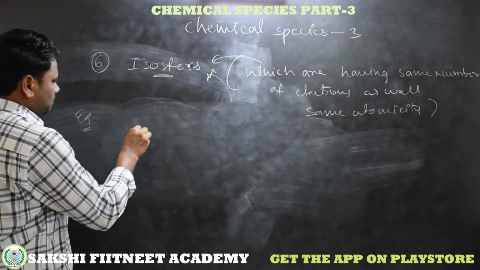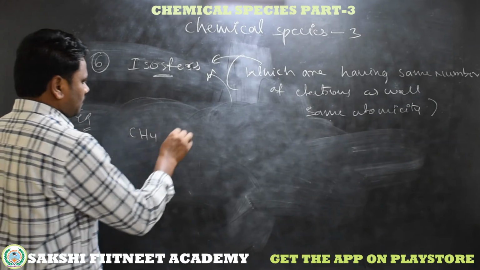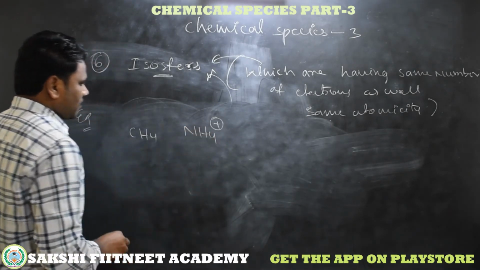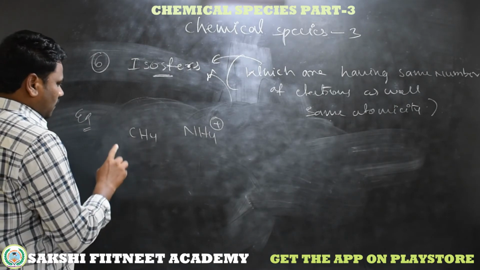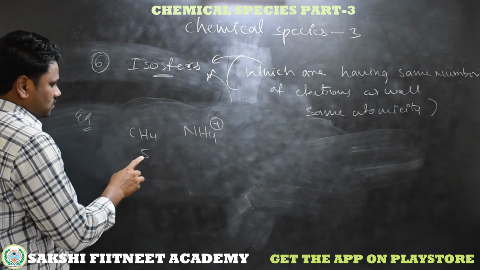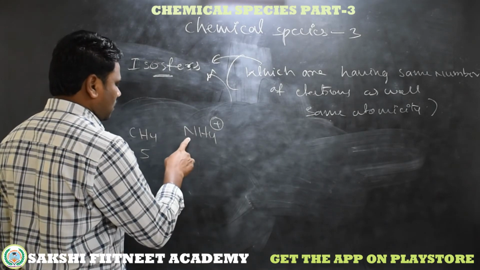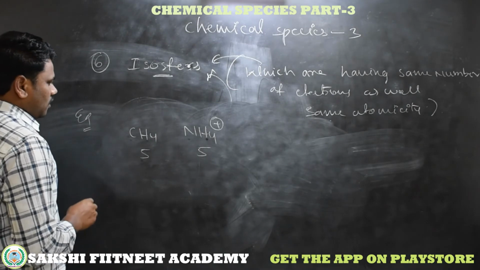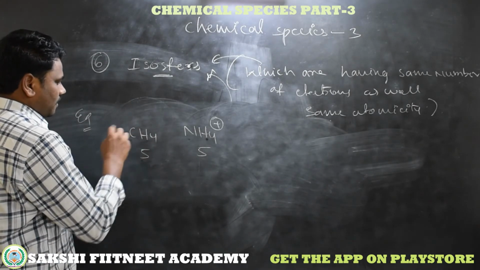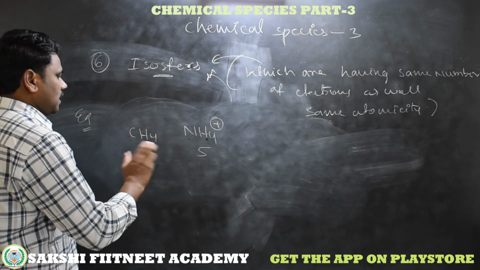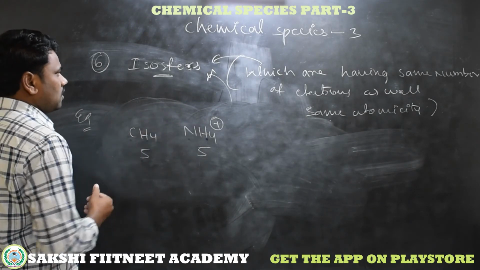Now coming to CH4 and NH4 plus. Total number of atoms here: 1 carbon, 4 hydrogens, that means 5 atoms. Here 1 nitrogen, 4 hydrogens, 5 atoms. Let me calculate the number of electrons in CH4 and NH4 plus. If the electrons are the same, then these are isosters.